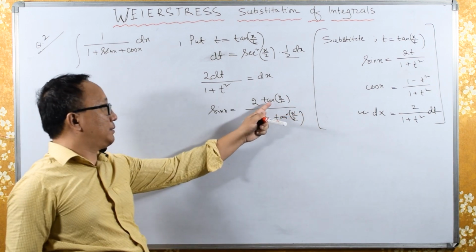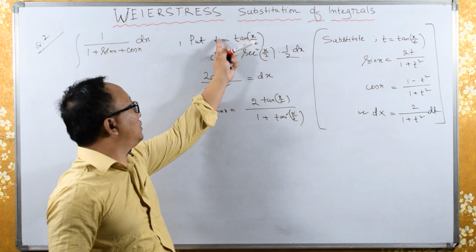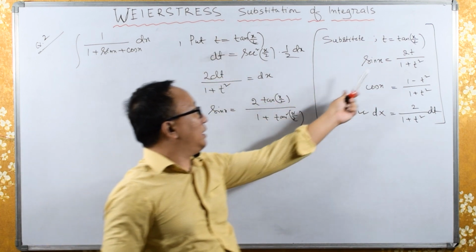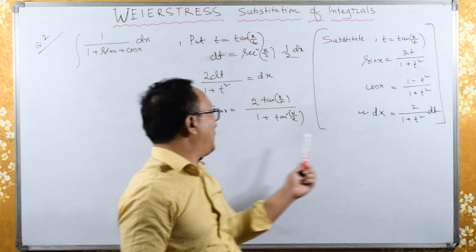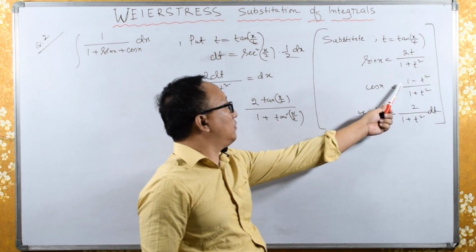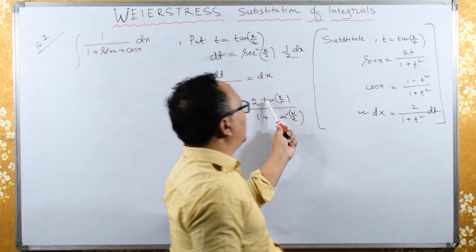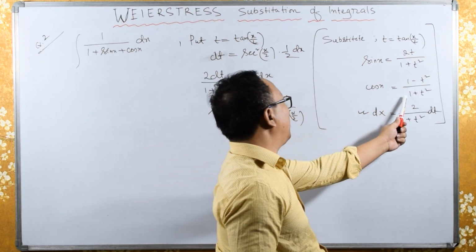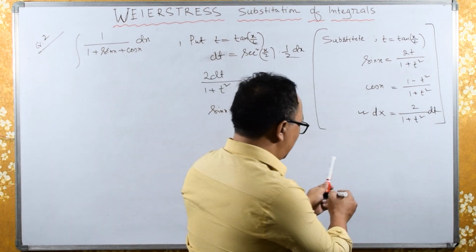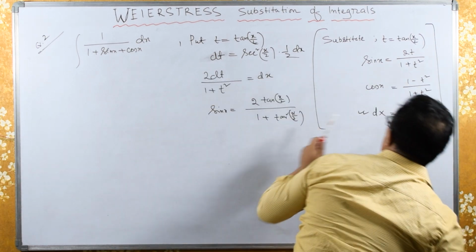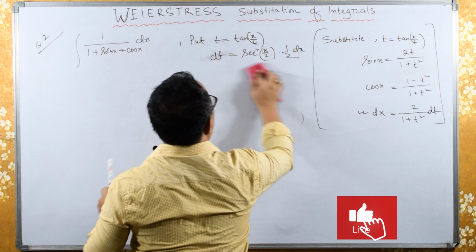Now if I substitute tan x by 2 equals t, then sin x is 2t upon 1 plus t square. Similarly cos x is what? 1 minus tan square x by 2 and 1 plus tan square x by 2. These standard formulas we have to use in this integral.